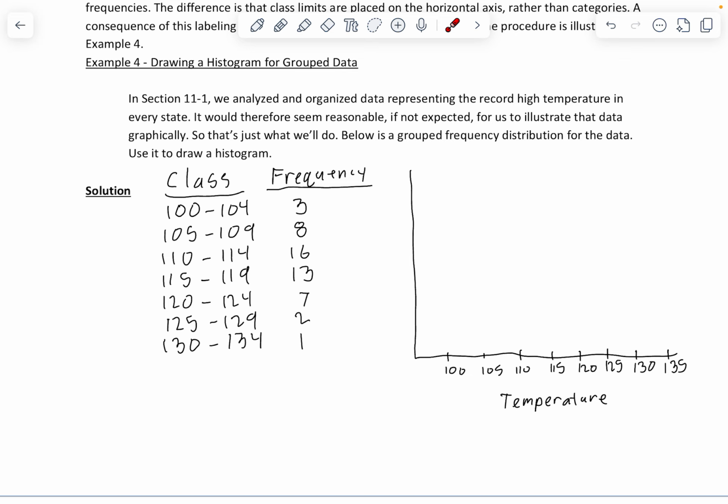For this one, I need to recognize that my largest frequency is 16, so my vertical scale has to go up at least that high. And in that case, I would think that going in increments of 2 might make sense. So like 2, 4, 6, 8, 10, 12, 14, 16, let's go up to 18, okay? And this represents number of states.